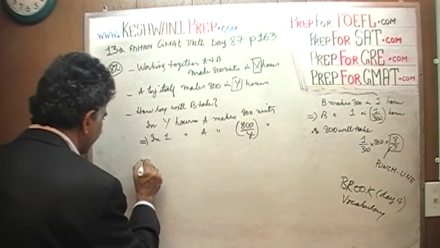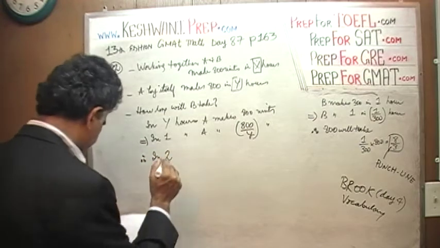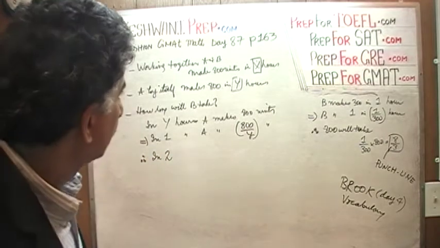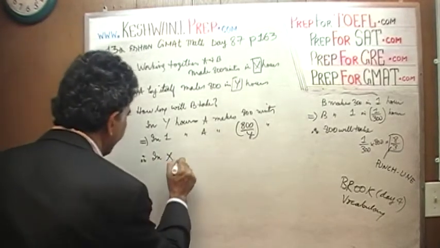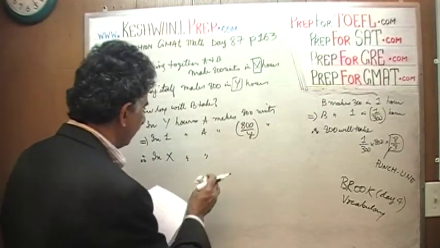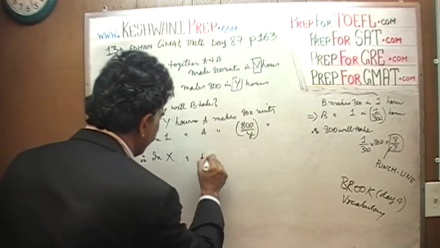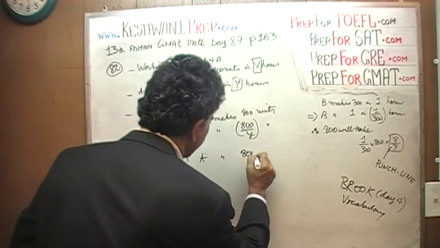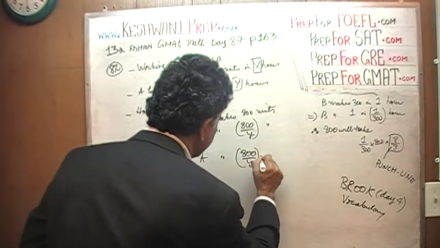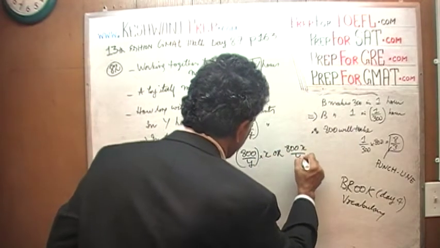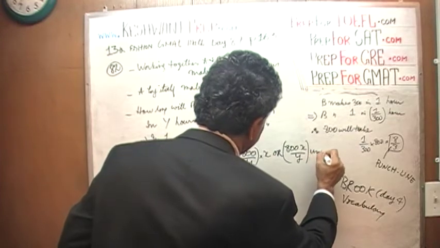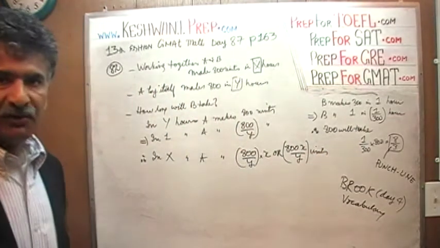Therefore, in 2 hours, or rather not 2 hours, it's no longer 2, it's x. Therefore, in x hours, A will make 800 over y times x, or 800x over y units. So that's the contribution of A.